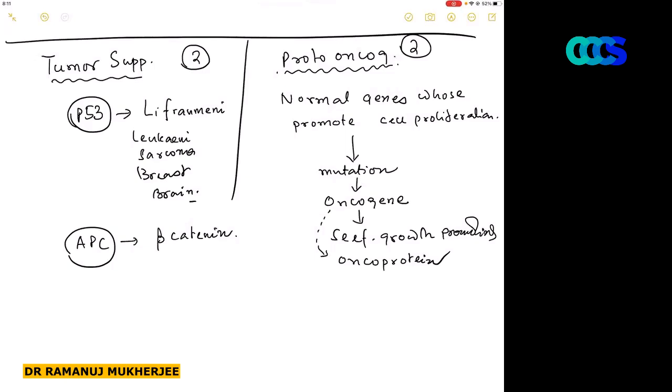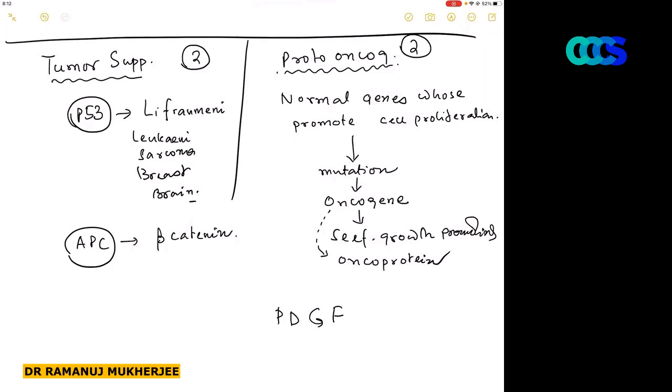Please remember this simple algorithm. Now the oncoprotein could be many factors, for example PDGF. Do you know what PDGF is? Platelet derived growth factor. Very good. That means the genes could be manufacturing something that looks like a peptide derived growth factor.